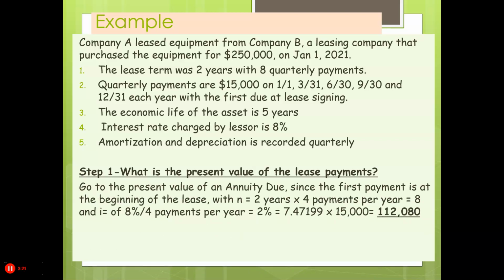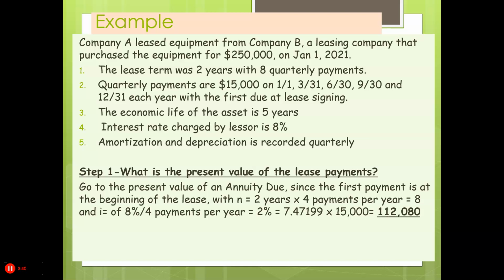To figure this out, we go to the present value of an annuity due. Remember, you use annuity due if the first payment is at the beginning of the lease. Otherwise, we just use a normal annuity schedule. In this case, we have to figure out what N is.